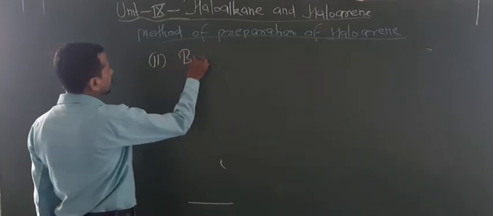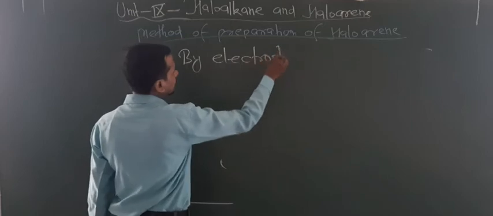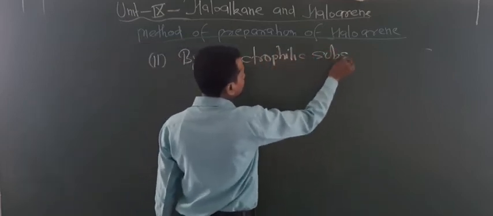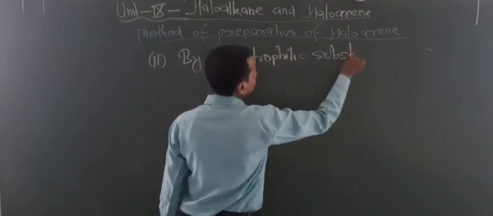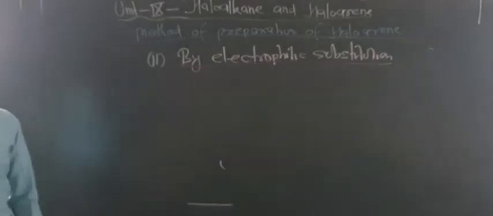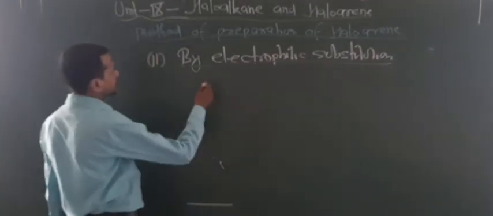The second method of preparation of haloarene is by electrophilic substitution at the benzene ring.